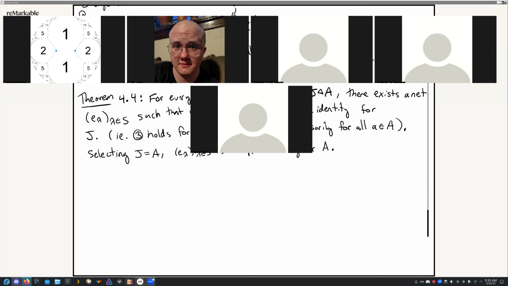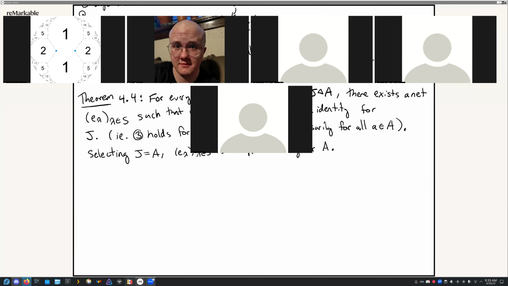I won't go over the proof because that would take too long, but I can regurgitate the idea of the proof. In the proof in your notes, this directed set S is constructed as the collection of all finite subsets of self-adjoint elements belonging to J, ordered by inclusion.